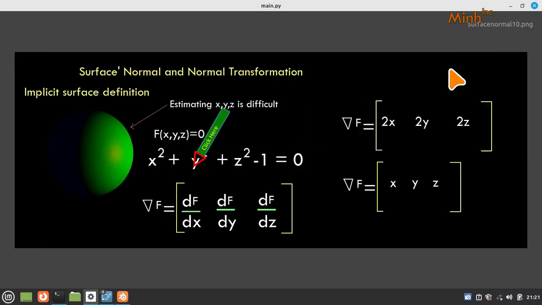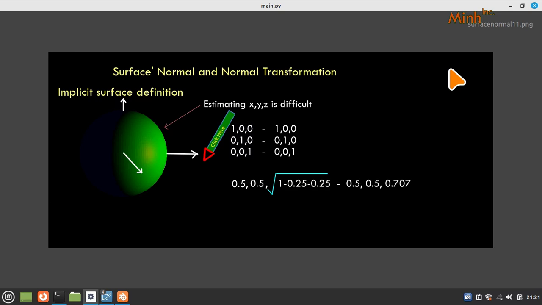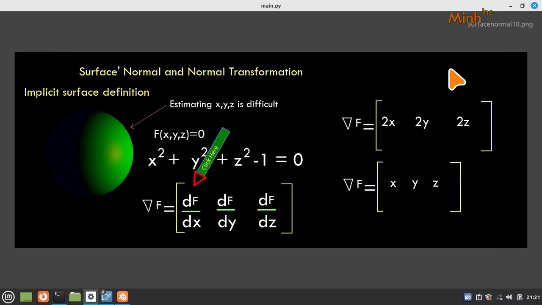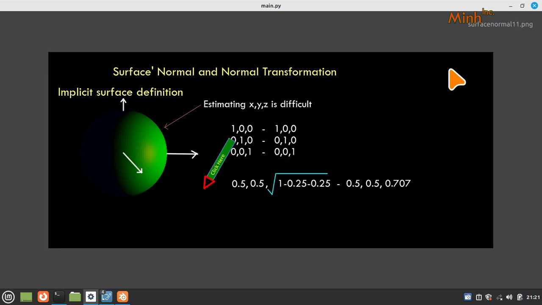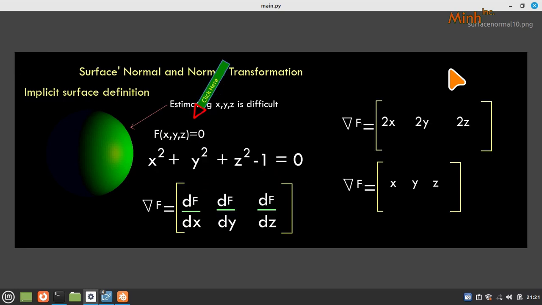So this is the way we calculate the polynomial analytical surface normal. There are 2 ways. One way we calculate the gradient for the direction of x, y and z, and calculating the points is difficult.